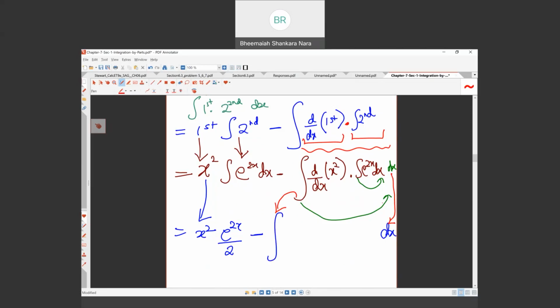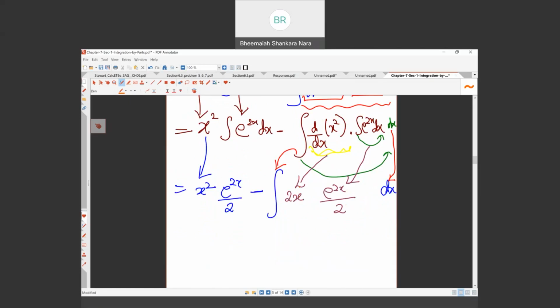You are differentiating x square. When you differentiate x square, all you get is 2x. And simplify this term, integral of e to the 2x dx, you already did here in the first term. It is e to the 2x divided by 2. Now carefully read the second product here.